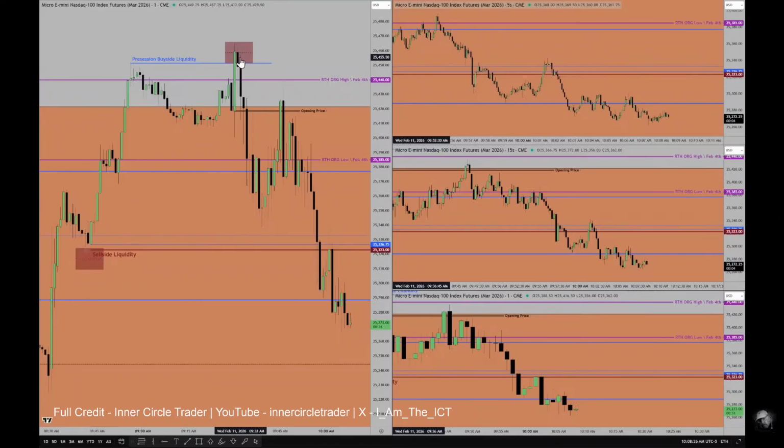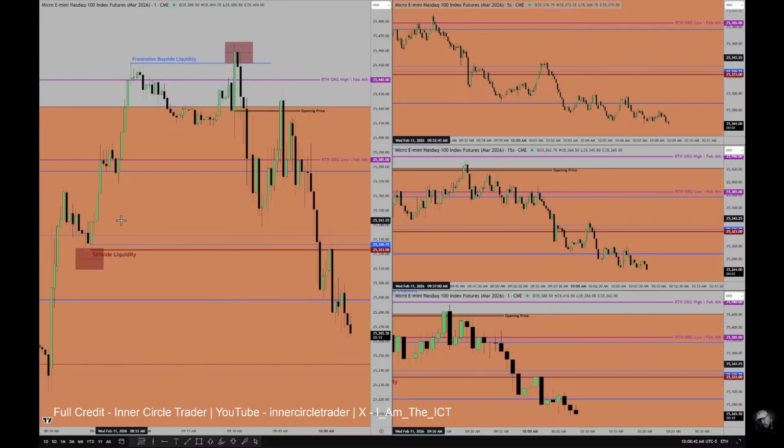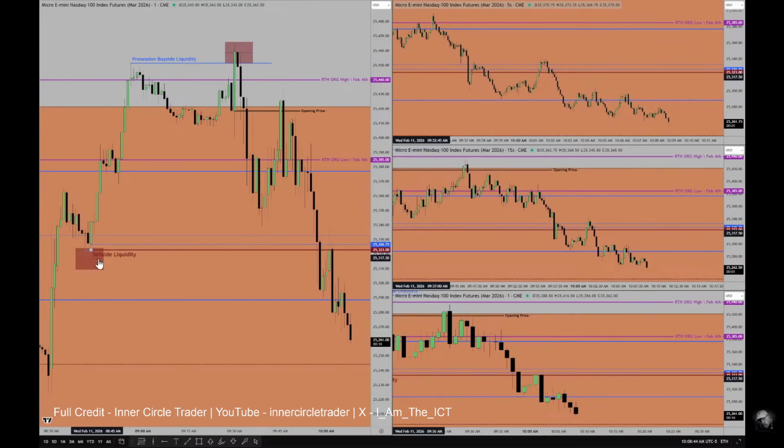I'm teaching you to look at this dichotomy. It's how you are to interpret price action like smart money does. By having this mindset, it allows you to frame a context and say, okay, selling above the high here and targeting here, that is what?